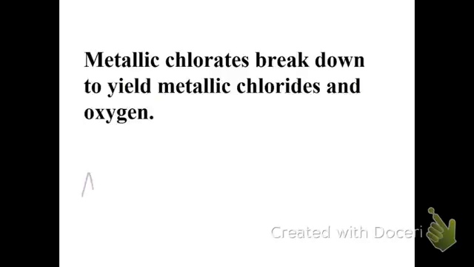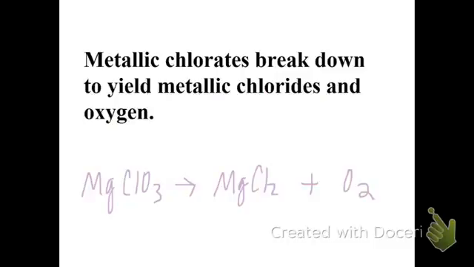So MgClO3 would break down to be MgCl2 plus oxygen, and then we have to go back and balance that. Okay, so anytime you have the 3 and the 2 together, make a multiple of 6. So we're going to put 3 here, 2 there, and that took care of our chlorine as well.